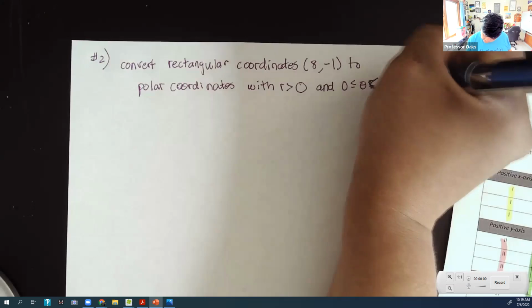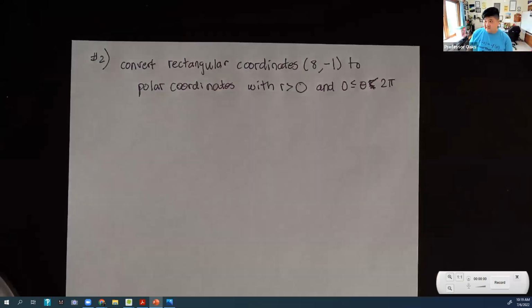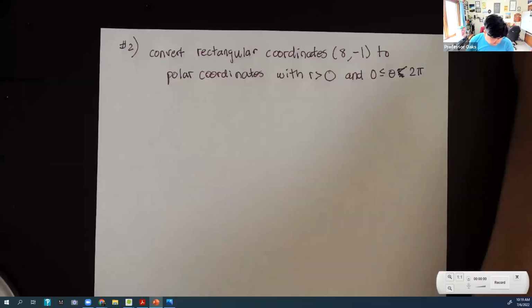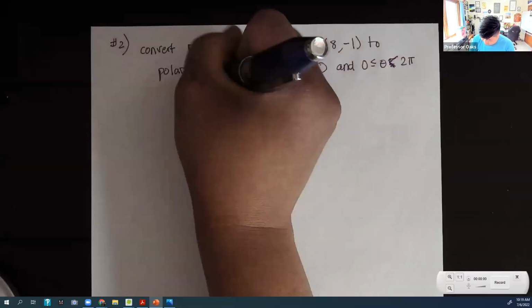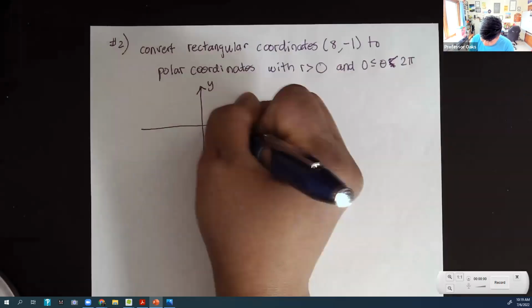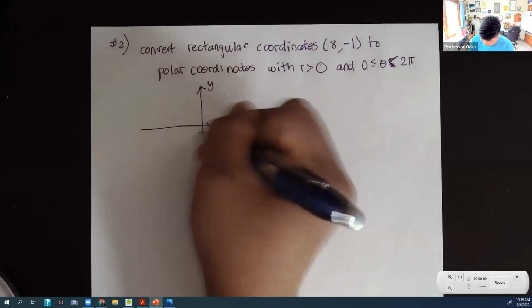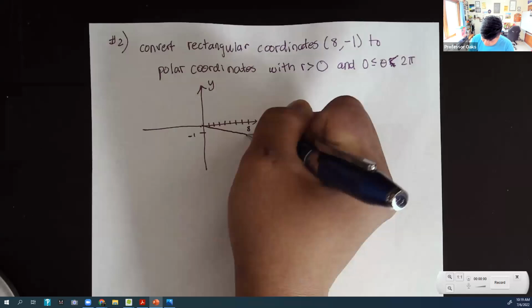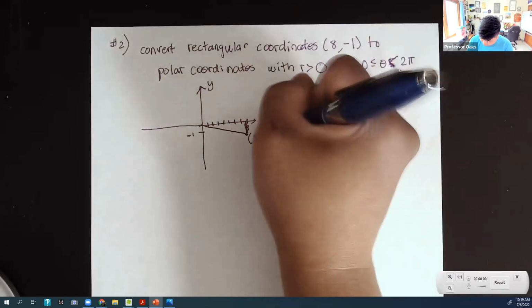Sometimes, in my opinion, a sketch really helps. So I can rewrite this so that if I have X and I have Y, then I have 1, 2, 3, 4, 5, 6, 7, 8, and then Y is -1. So it's actually just like that. This is the 8, -1, that's X and then Y.